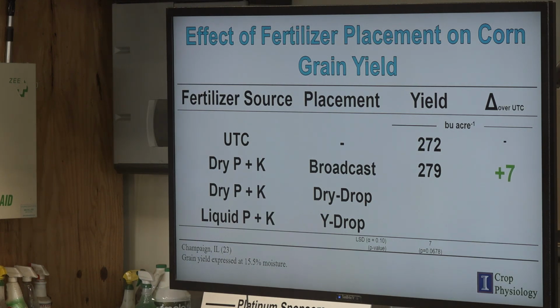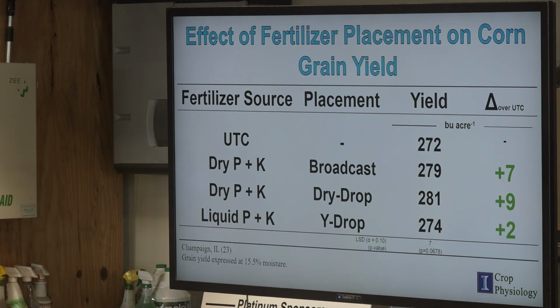Just by applying fertility in our soil, even though it does not move so much, we have a 7 bushel increase. Our liquid fertilizer application increased 2 bushels over the UTC. And when we think about our dry fertilizer in-season application, we increased our yield by 9 bushels per acre.